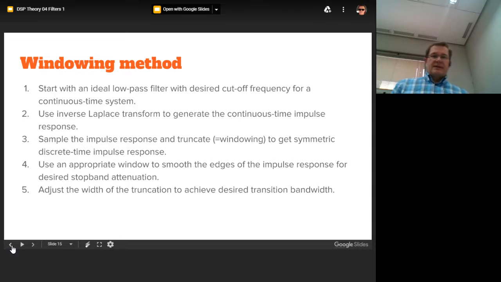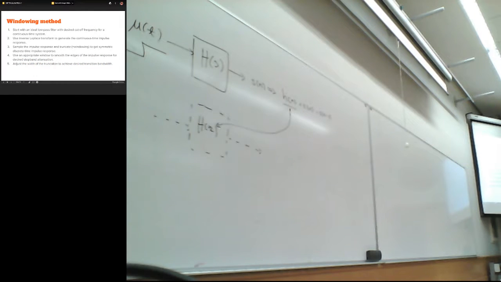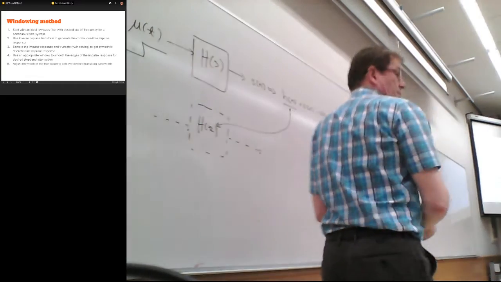So windowing method, those steps. Few steps to take to design an ideal low-pass filter. I will start with low-pass and then just do some tricky transformations to get the high-pass and bandpass, bandstop filters.